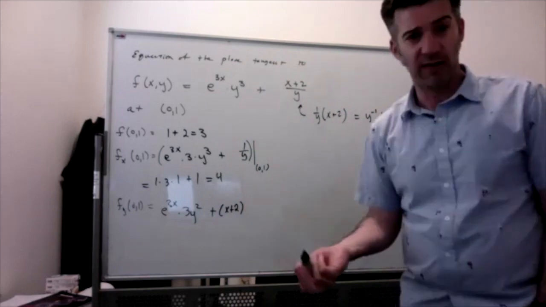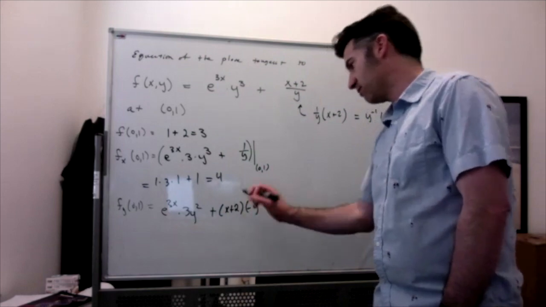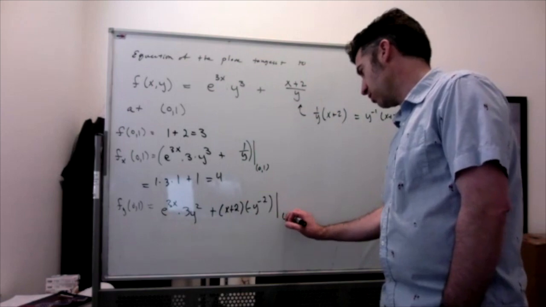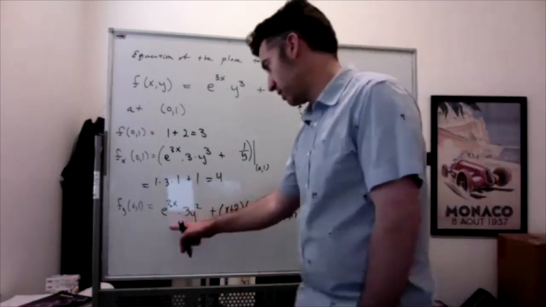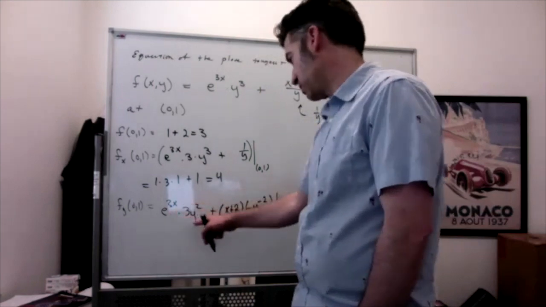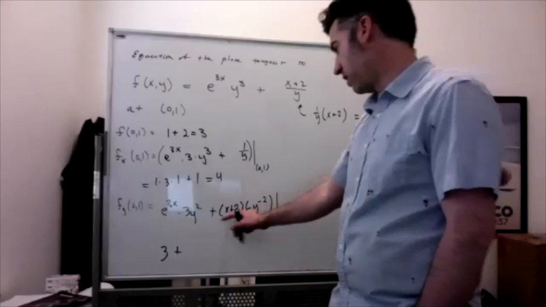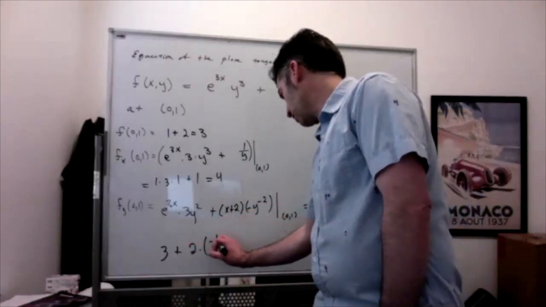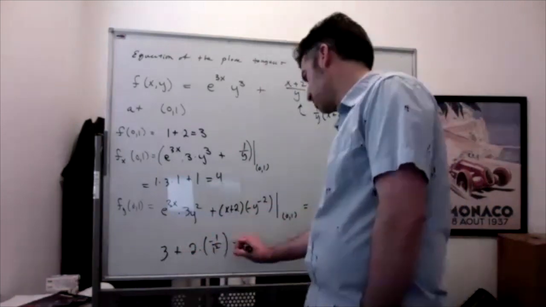The derivative of y to the negative first is negative y to the negative second. And now we're going to plug in 0, 1. So plugging in 0 for x, we get e to the 0 times 3 times 1, so 3, plus 2 times negative 1 over 1 squared. So we get 3 minus 2, which is 1.